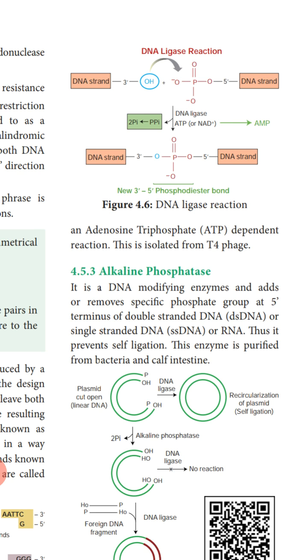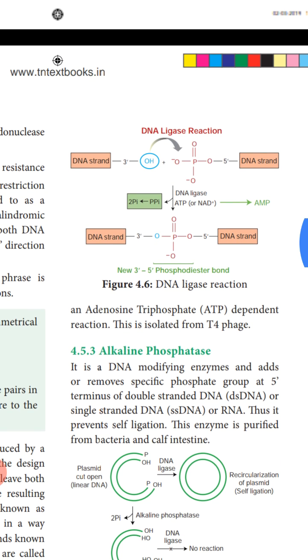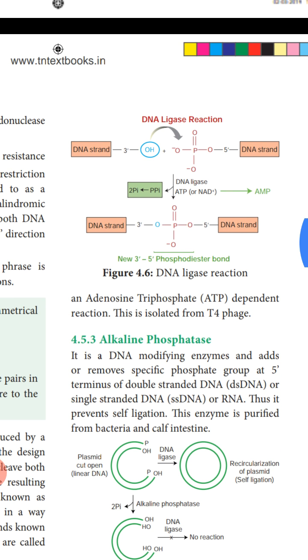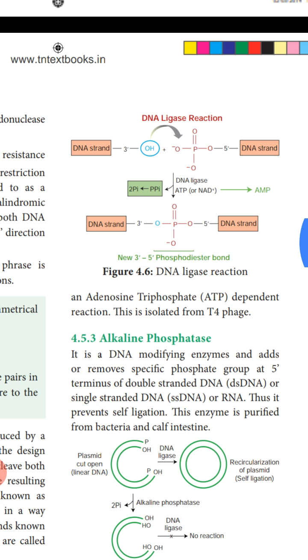This is isolated from T4 phage. Now this DNA ligase helps in joining the cut ends. How does it join them? By joining the sugar and the phosphate molecules of the double stranded DNA.